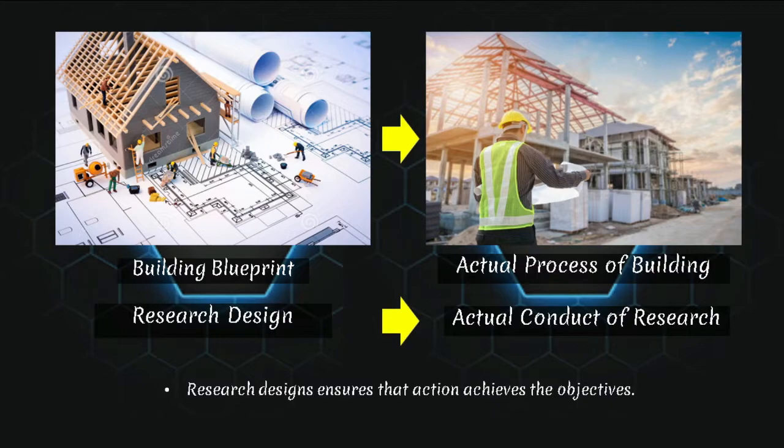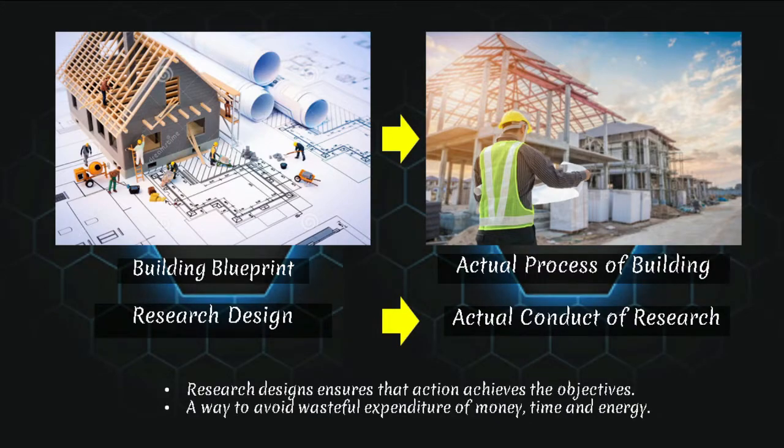And more importantly, it is a way to avoid wasteful expenditure of your money, your time, and energy. Imagine reconducting the entire data collection process just because you did not plan your instrument. You realized that the type of data gathered by the specific tool that you used will not help you achieve the objective of the study.